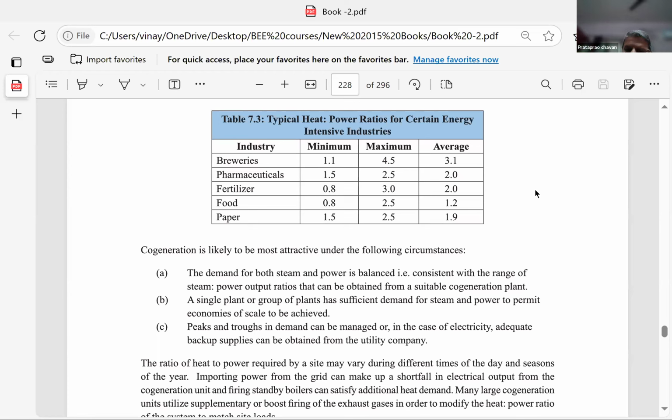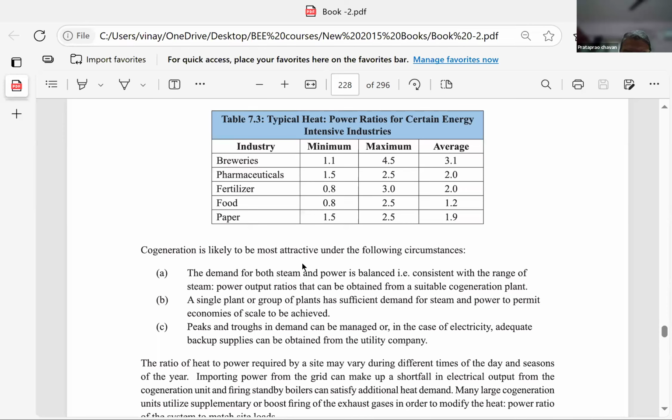So remember, cogeneration plants are not for electrical generation. The primary intention of cogeneration is to fulfill the heat loads, and surplus heat can be diverted for electrical generation under different methodologies.